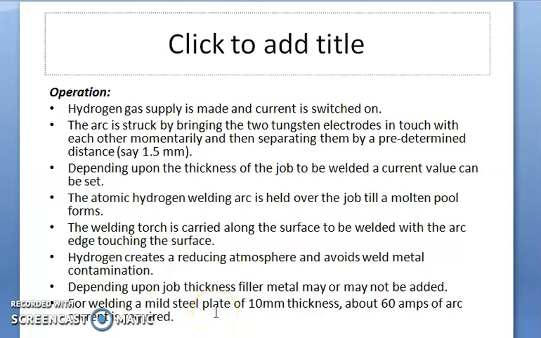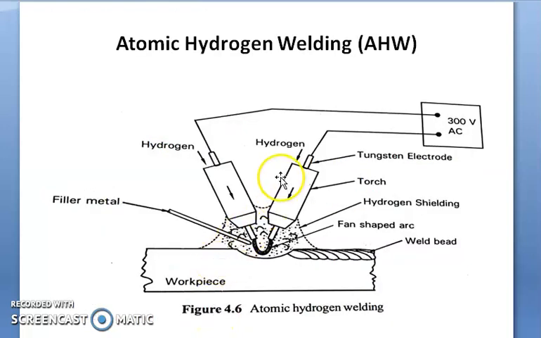This is the working principle of the atomic hydrogen welding process. It's a very simple process. Here we use two welding torches. Inside them, we fix two tungsten electrodes, and both are connected to an AC power source only, because equal voltage will be supplied to both electrodes. When the tips of the nozzles of the torches come in contact with each other, the arc is created.